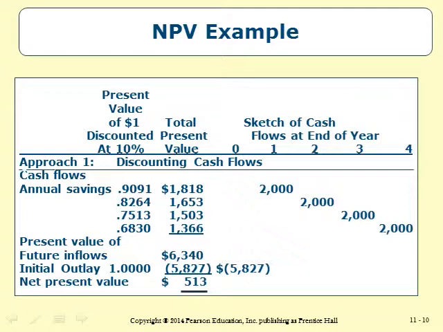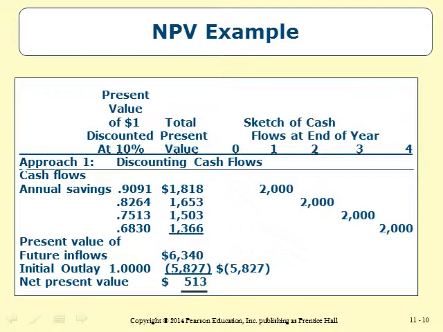And then finally, the $2,000 cash flow received at the end of year 4 is worth today $1,366. We sum the present value of each of those amounts to get to a current present value of these $2,000 annual cash inflows equal to $6,340.